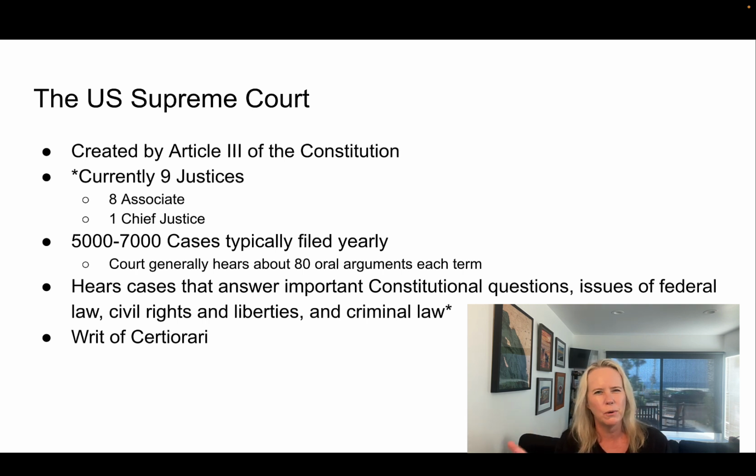They hear cases through about January, and then decisions start to be released in the spring, early summer. So generally by the end of June, all of those decisions get published. When the court hears something in the fall, you generally don't know right away what the decision is going to be. You have to wait until the following spring.